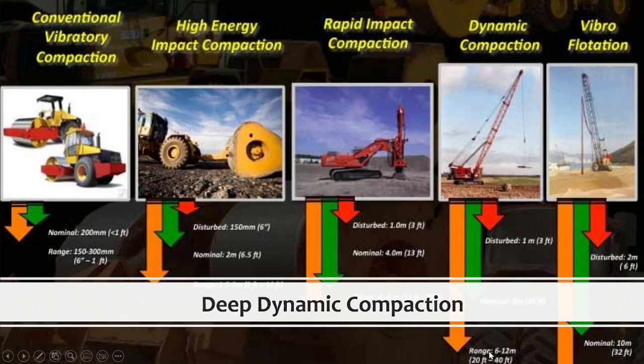Or if the load from the superstructure is beyond the permissible limit, so that it can't be borne by the shallow depth soil, and you want to transfer the load to a higher depth. How do we improve the soil at that larger depth?